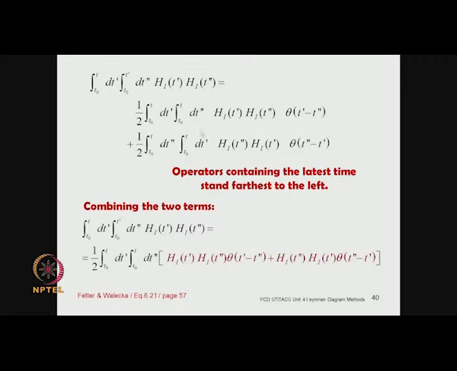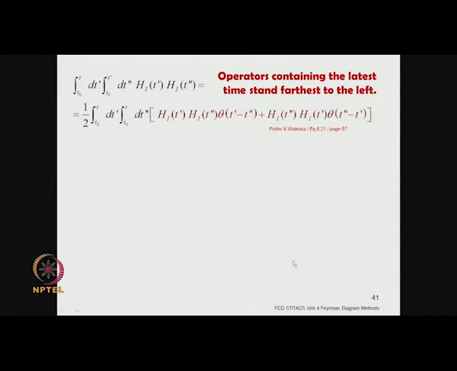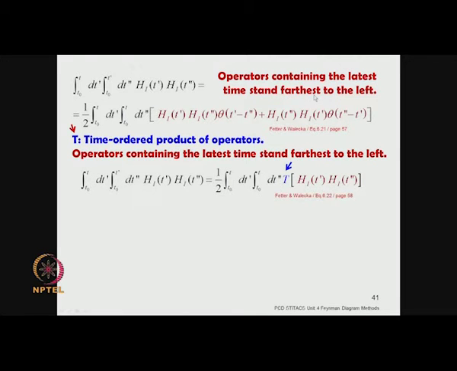So, first we combine these two terms, we have written half over here and you have got these two terms sitting over here, and now we will exploit the fact that operators containing the latest time stand farthest to the left by introducing the T operator.